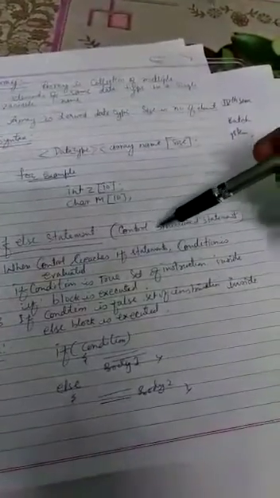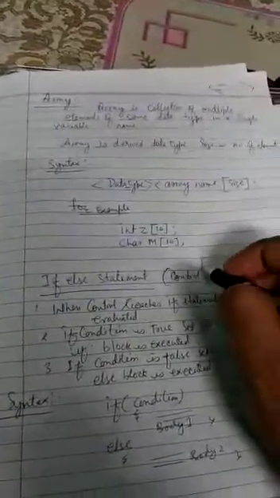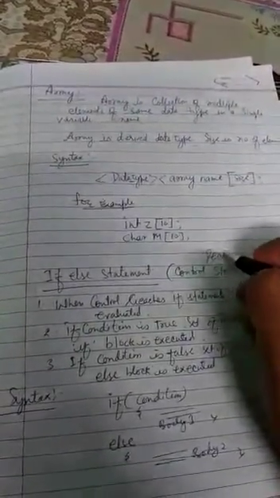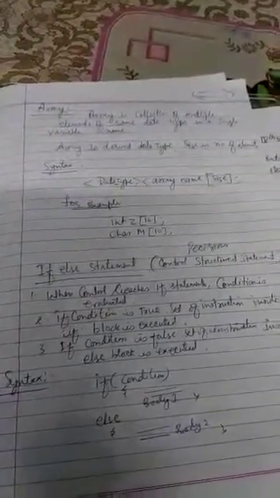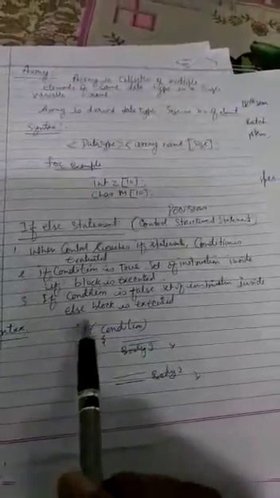That is the if else statement. It is a control structure statement for decision. Here is the syntax of the if else condition when we apply it in a C program.